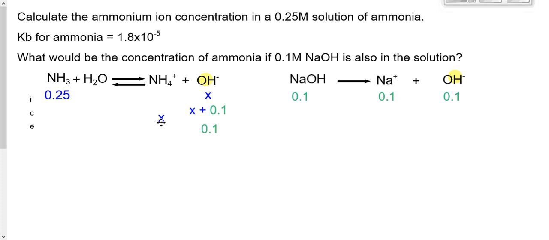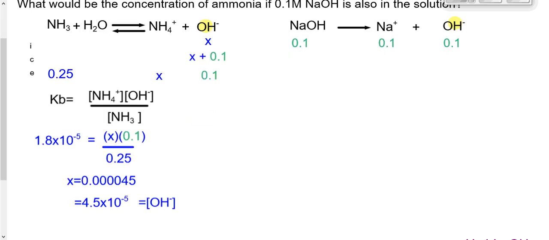We still don't know the concentration of the ammonium ion, so I'm going to leave that value as X. We don't know what the concentration of ammonia is going to be, but we know it should stay close to its initial value of 0.25. Using our equilibrium equation for ammonium in water, Kb is the concentration of ammonium times that of hydroxide over that of the ammonia.